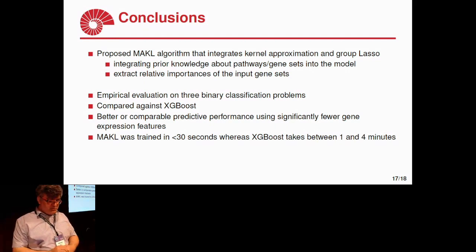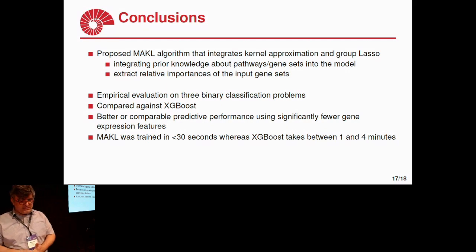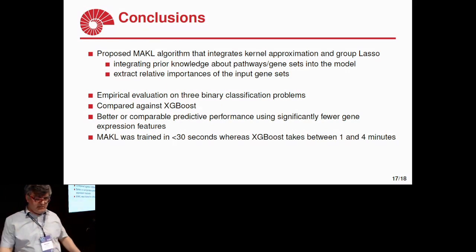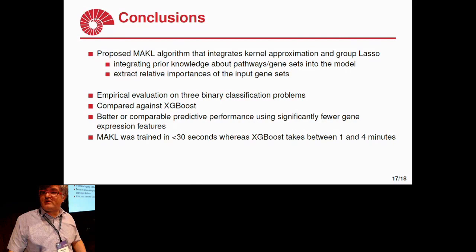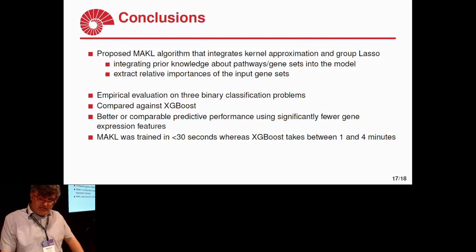And now, I promised you to discuss the computational complexity. In any of these 3 problems, our algorithm is able to return results in less than 30 seconds, whereas XGBoost takes at least 1 minute, up to 4 minutes, depending on the size of the data set.